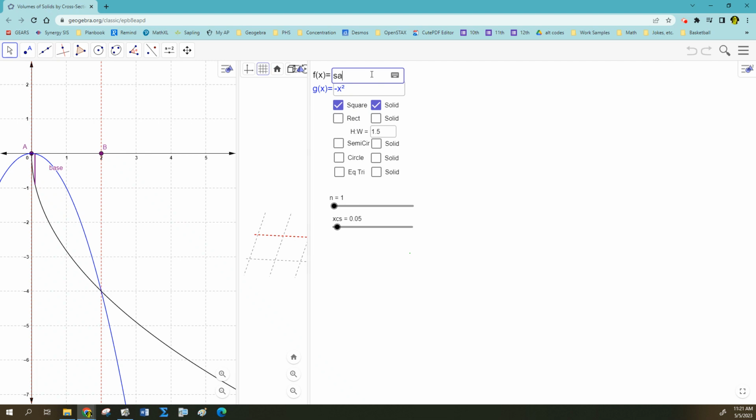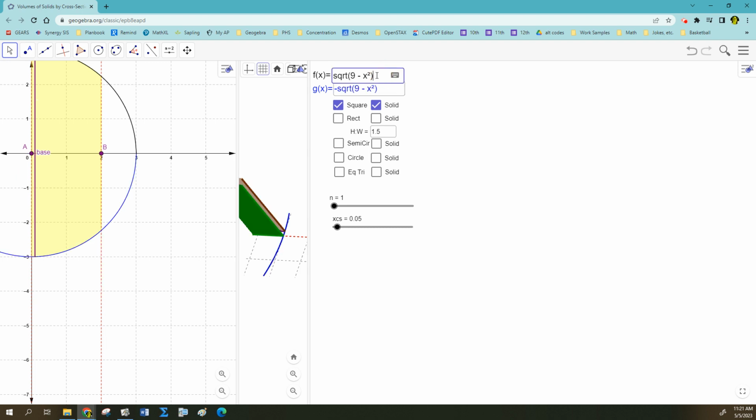So we've got the upper function is the square root of 9 minus x squared, and the lower function is minus that.